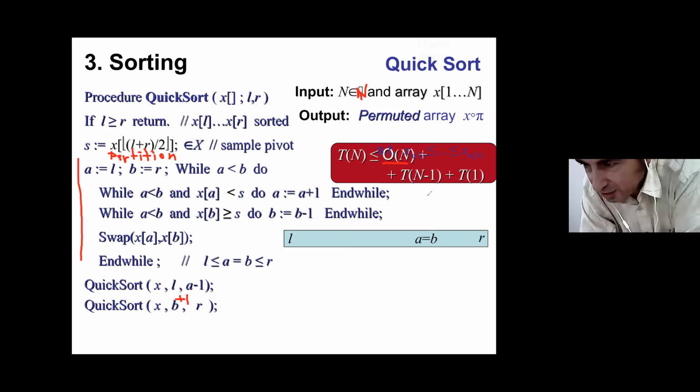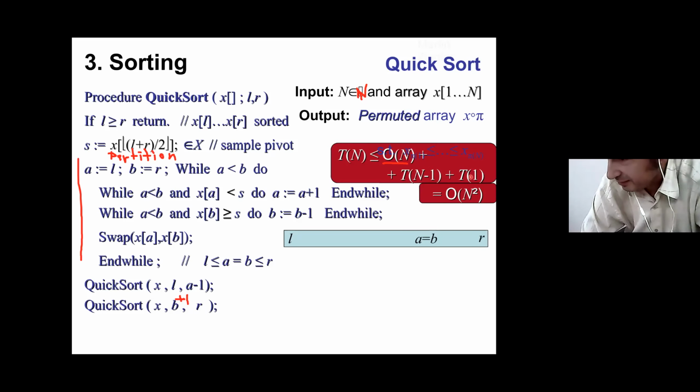The worst case that can happen is when the element S, whose location is given by the number a equal to p at the end, is the first or the last, and then you have two recursive calls over arrays of size n minus 1 and 1. It's very easy to see that this is quadratic, by master theorem or whatever. So if S is the leftmost element in every recursive call, then you have quadratic, which is the worst case.